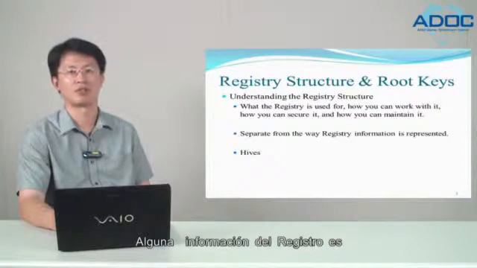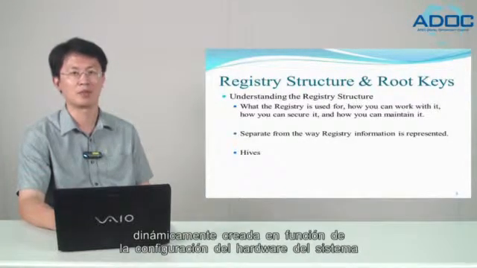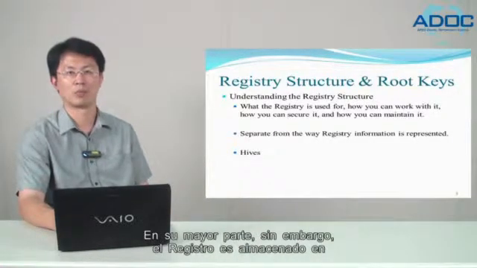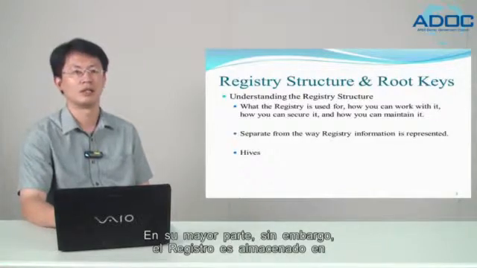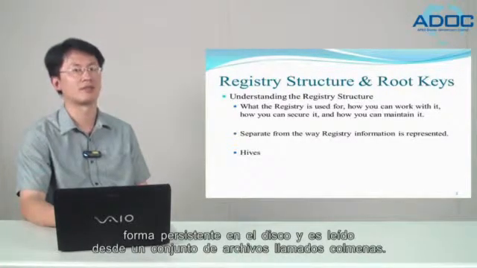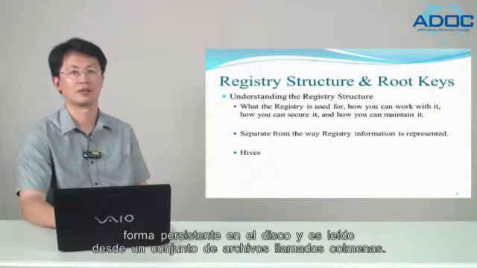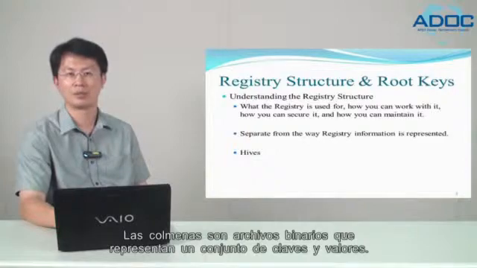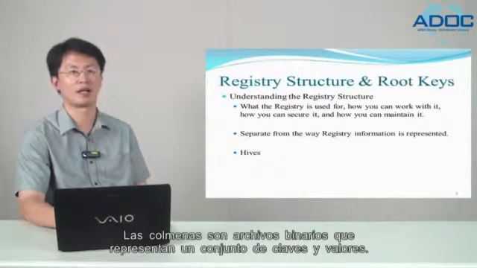Some of the registry's information is created dynamically based on the system's hardware configuration at startup and doesn't exist until it is created. For the most part, however, the registry is stored in persistent form on disk and read from a set of files called hives. Hives are binary files that represent a grouping of keys and values.